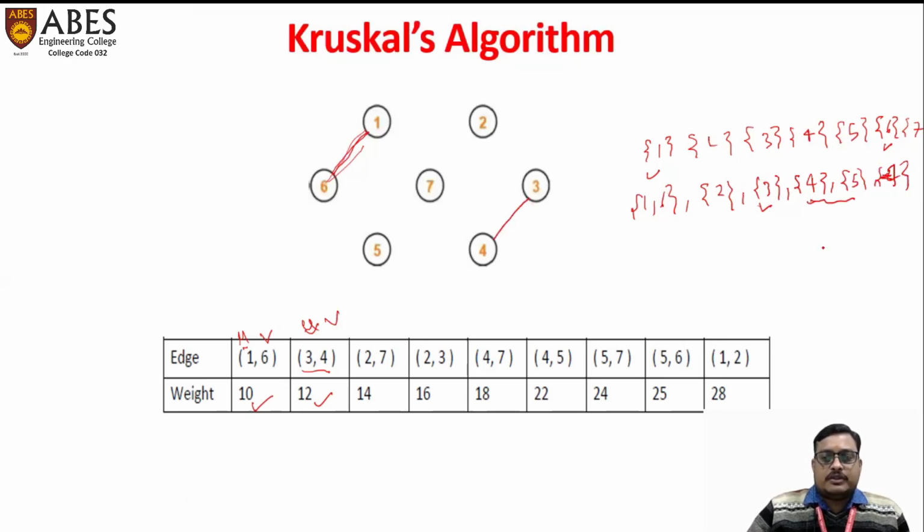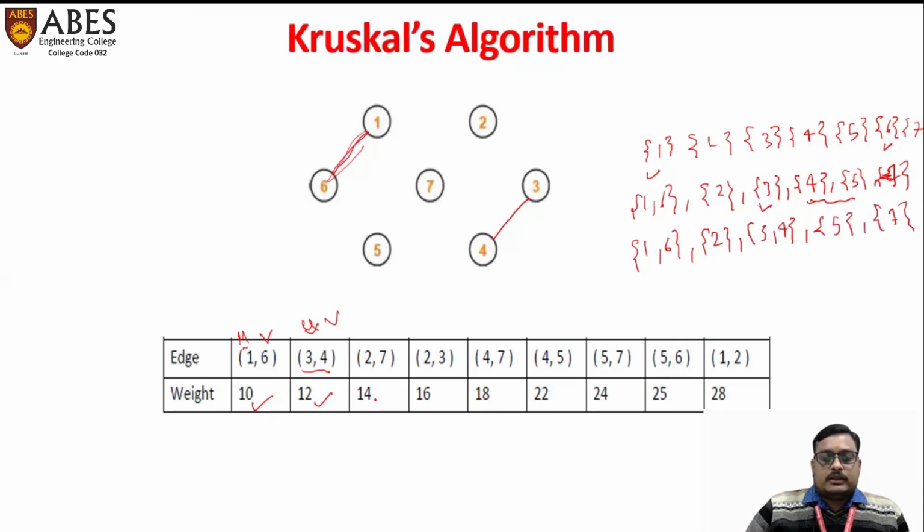We'll take the union of these sets. So now this set will become 1, 6, and this will become 3 and 4. After this, we have 5 and 7.